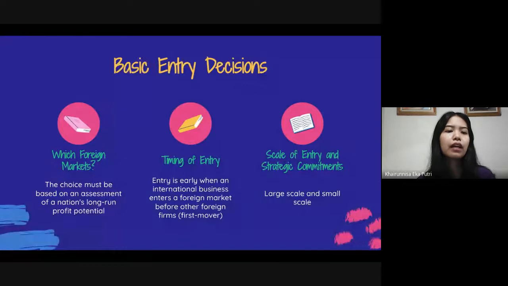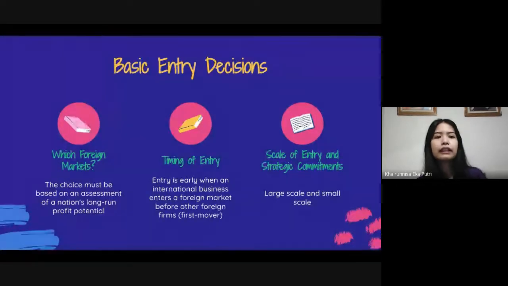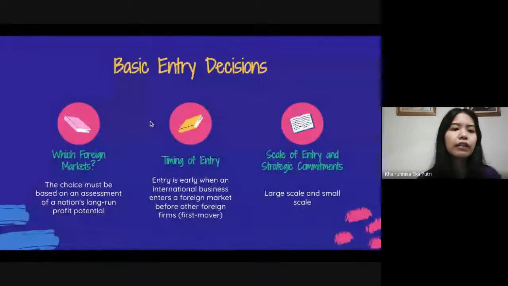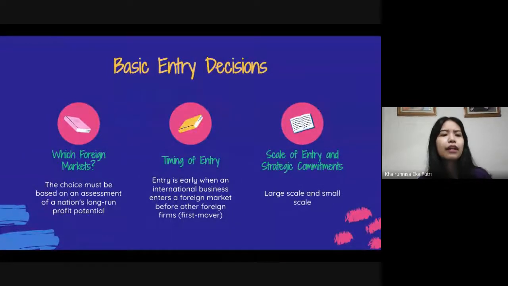Last, the scale of entry and strategic commitments. Entering a market on a large scale involves the commitment of significant resources. Deciding to enter a foreign market on a significant scale is a major strategic commitment.